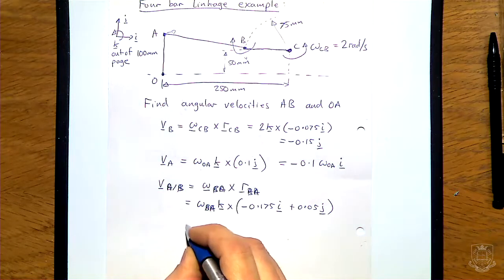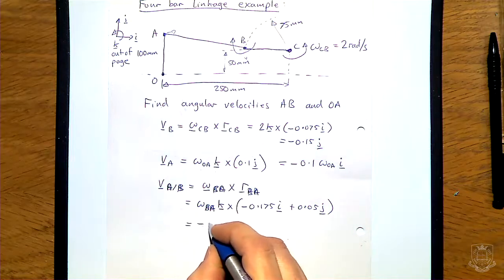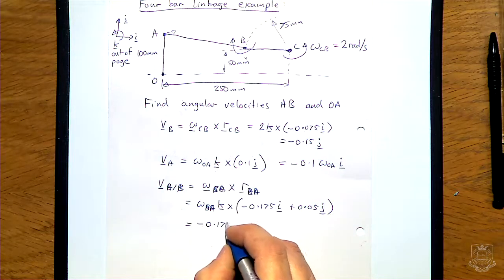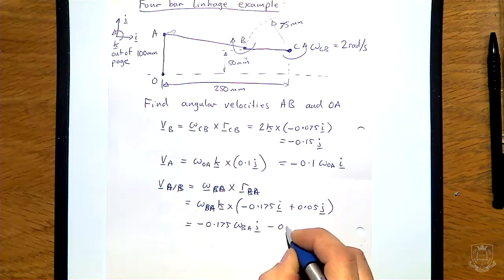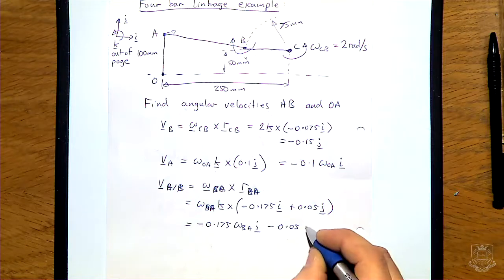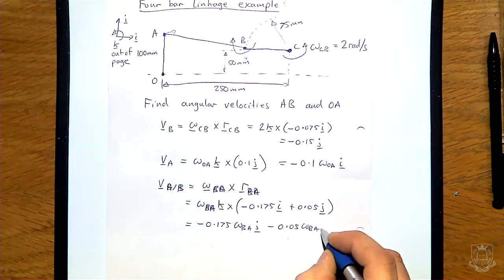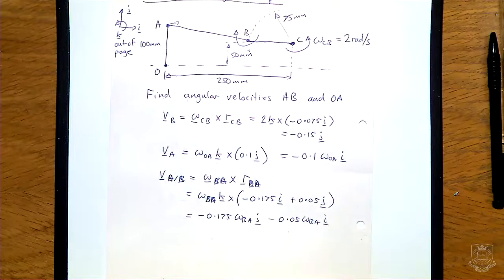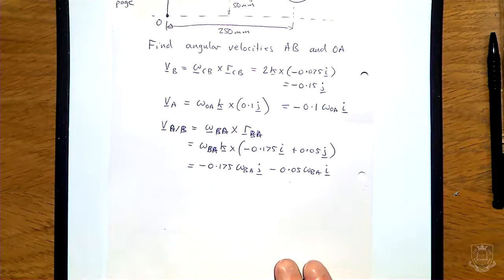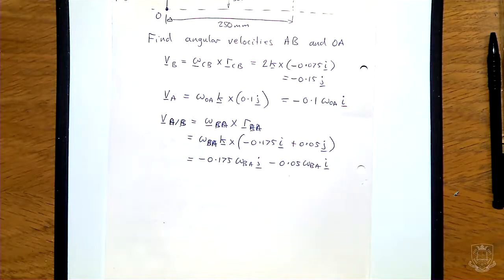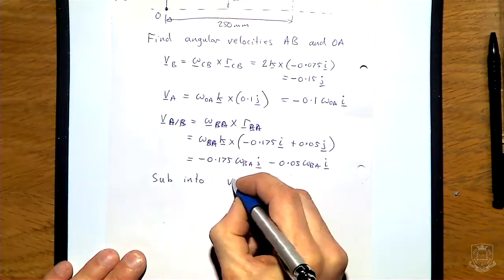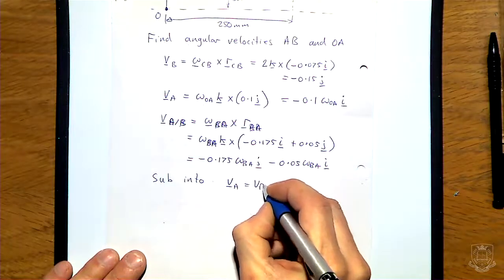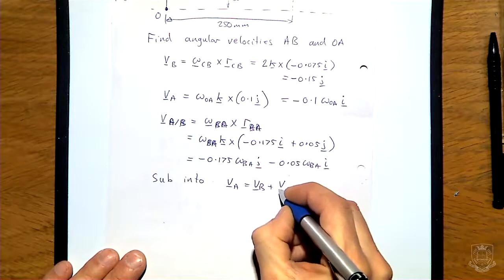I multiply that out, and I end up with minus 0.175 omega BA j minus 0.05 omega BA I. So now I've got all those rotational type components. I can substitute into the overall equation that VA is equal to VB plus VA relative to B.